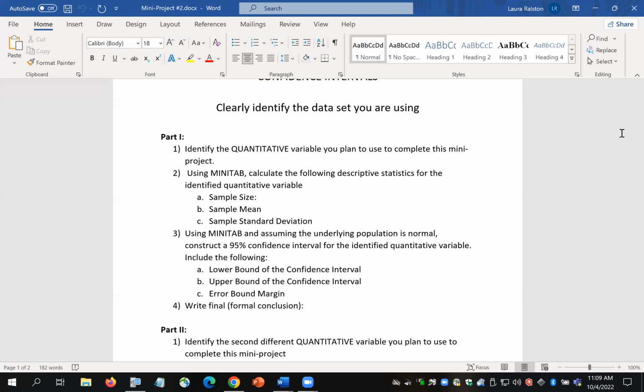We're making the assumption that our population is normal. And then you have to calculate, just like we've been doing in class, the lower bound, the upper bound, and the margin of error, and write the final conclusion. So I'm not asking you to do anything beyond what we have been doing in examples in class.